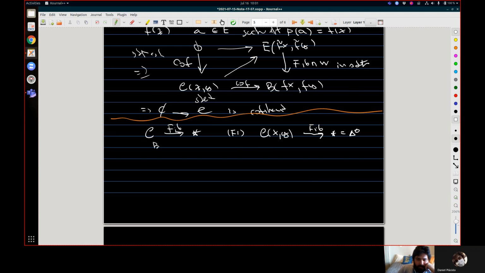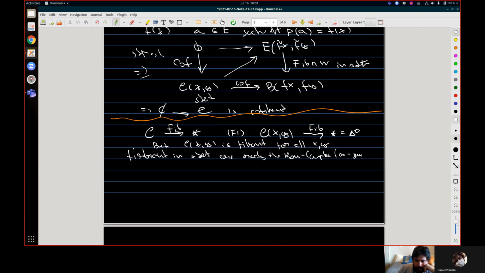But this is saying that C(x, y) is fibrant for all x, y. But the fibrant objects in sSet are exactly the Kan complexes, the infinity groupoids.